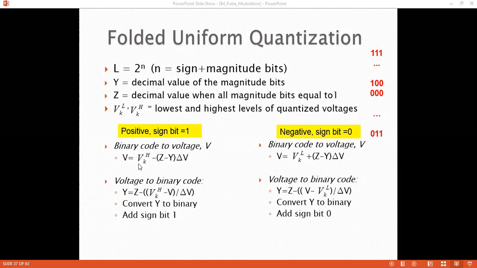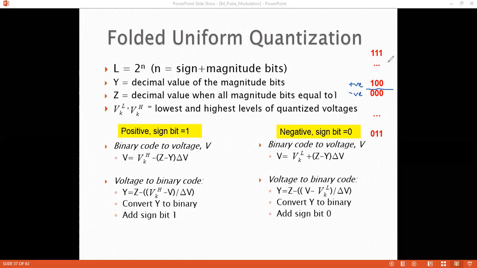V is equal to, for positive, we start with VKH, because we start from above here. We can divide this into two parts: the below one is the negative, while the above one is positive.